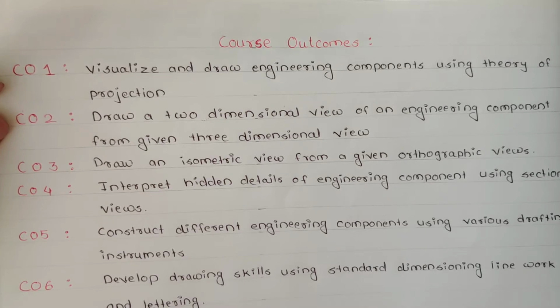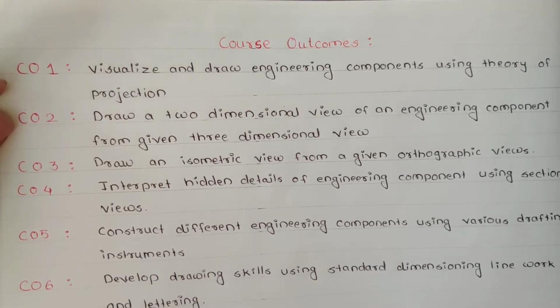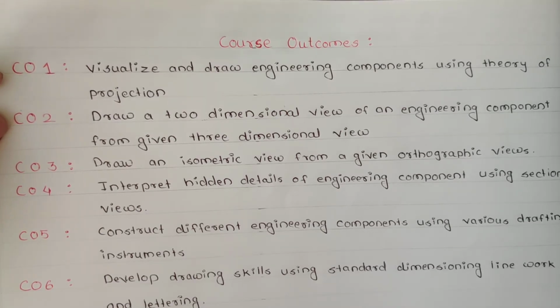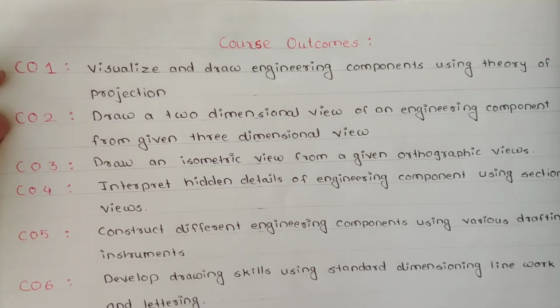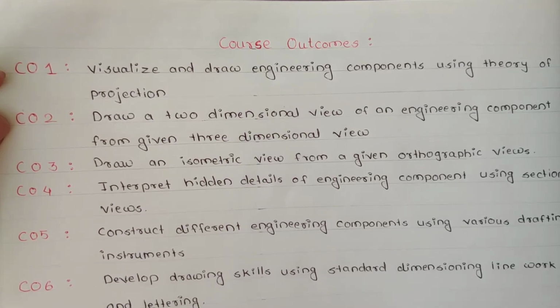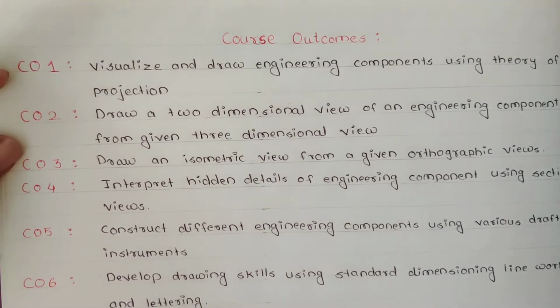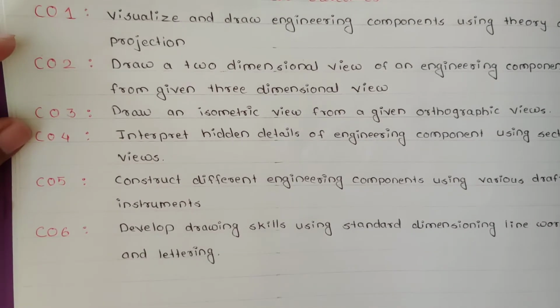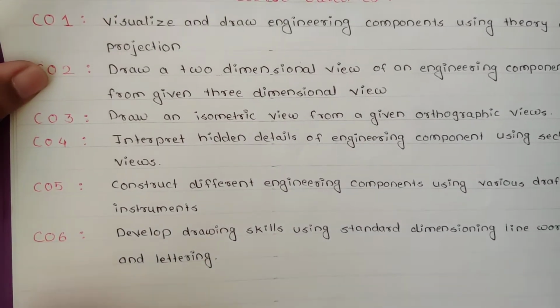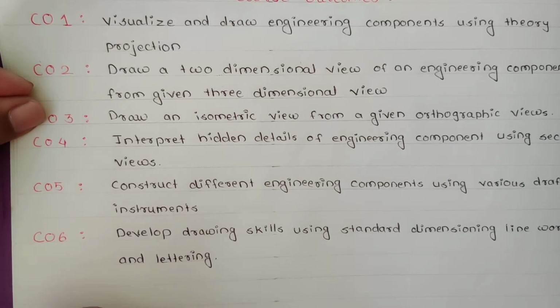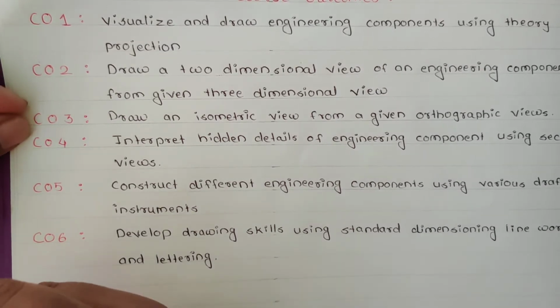in orthographic views. That is, if we get a 3D model, on that we are going to draw the top view and front view, meaning two-dimensional views. Then the third CO is draw an isometric view from a given orthographic view, as we have discussed.